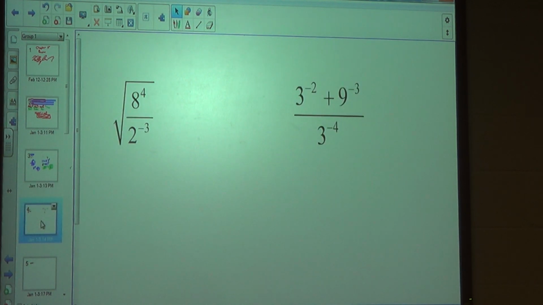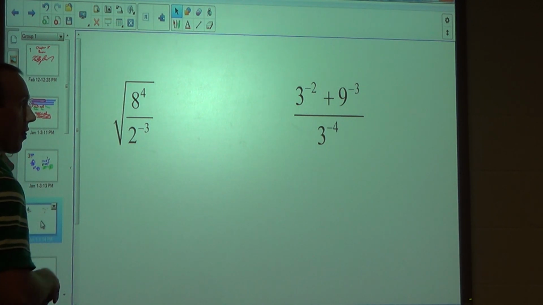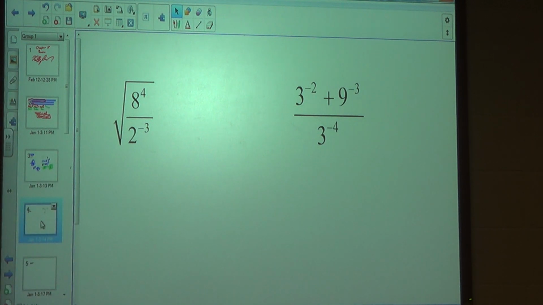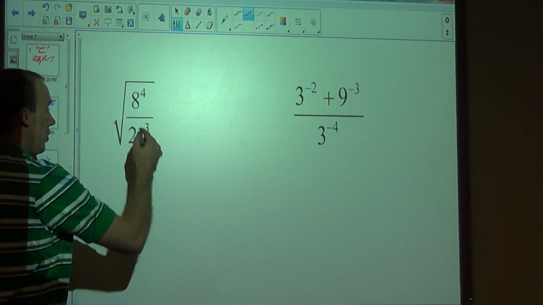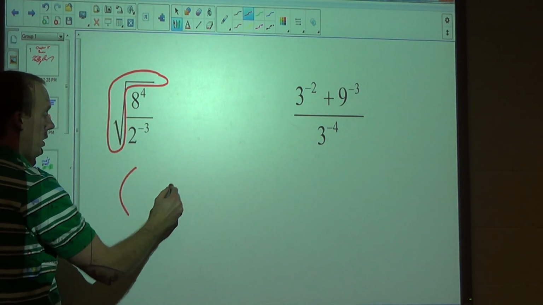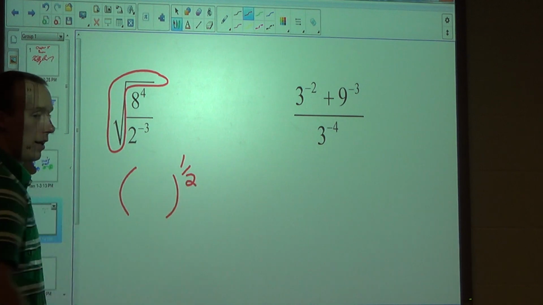Next one. So again, if I don't use a calculator, I always gotta think what? Same base. So if I look up here, 8 and 2, can I think same base? Yeah. Let's do this first. What does this guy turn into? Okay, let's change him right away.